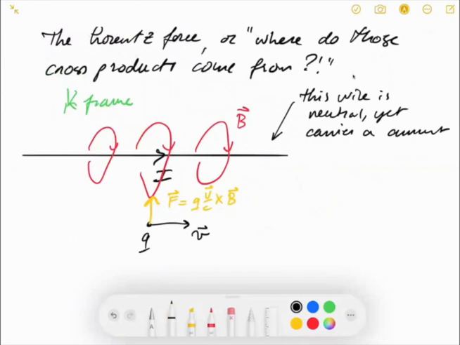We've got positive charges. So the positive charges here are moving. And then we have negative charges that are not moving. That's in the wire. So these are moving, and the negative charges are not moving.